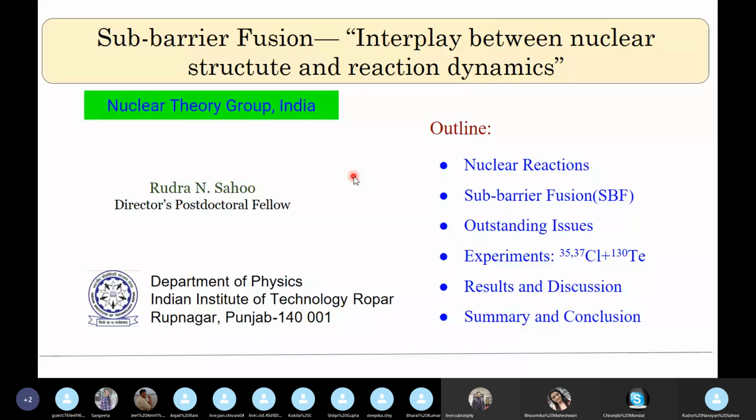Good afternoon. It's a matter of great pleasure to introduce Dr. Rudra N Sahoo. He did his PhD from IIT Ropar in 2009 with the topic role transfer in subbarrier.